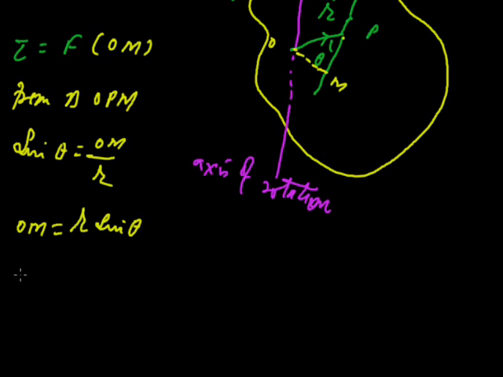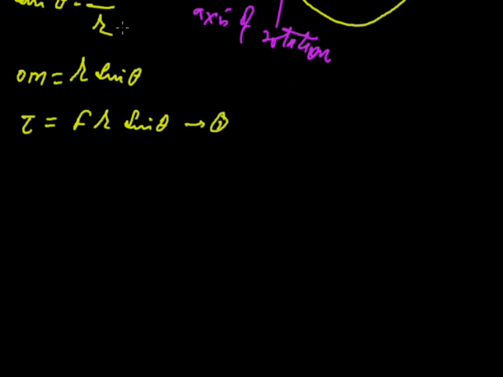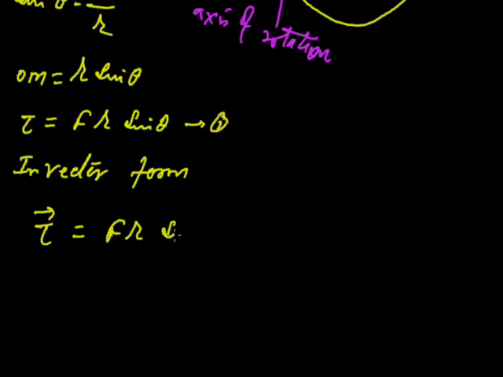On putting this value, tau becomes F r sin theta. In vector form, tau is F r sin theta n cap.